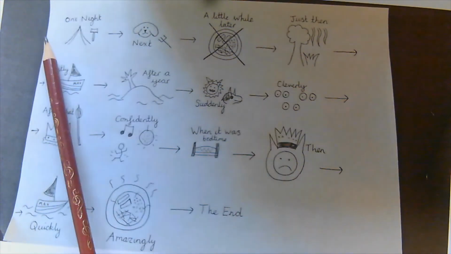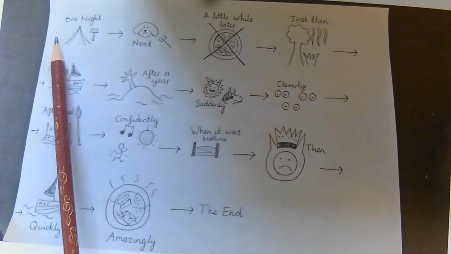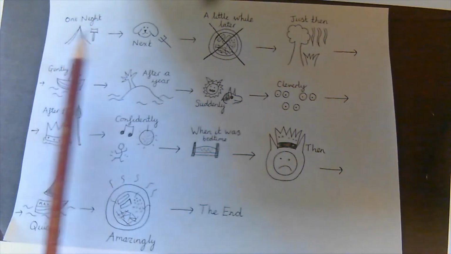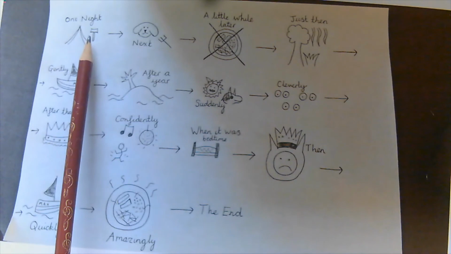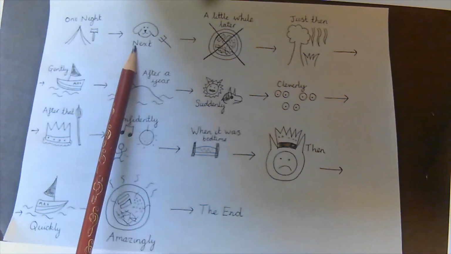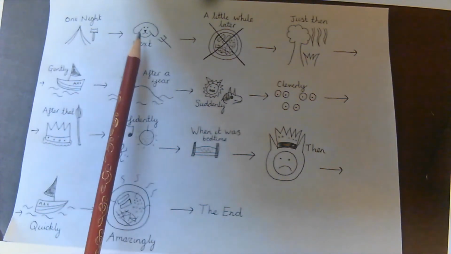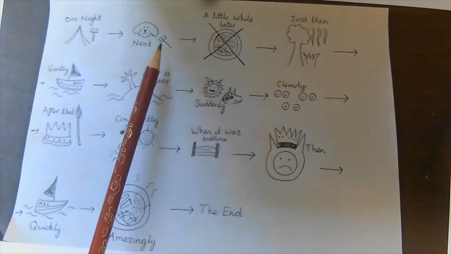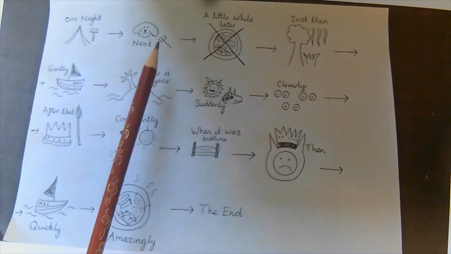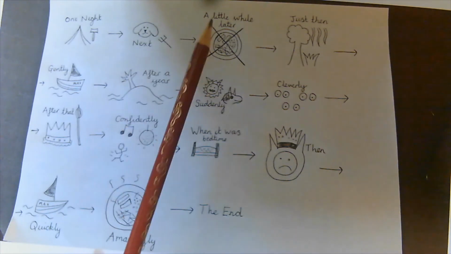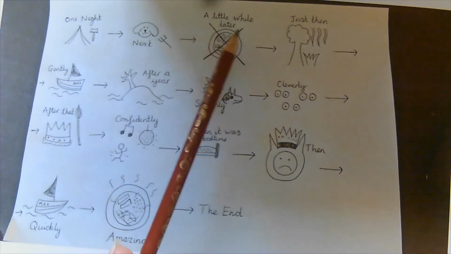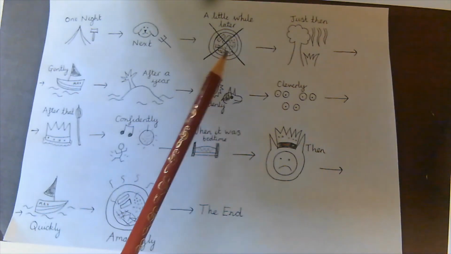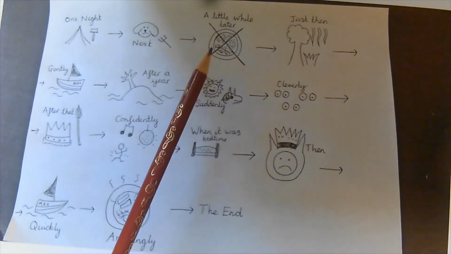So let's go back to the beginning to remember the story. One night, Max built a den with a metal hammer. Next, Max chased his poor defenceless dog down the stairs with a sharp, pointy fork. A little while later, Max was sent to bed without any supper because he had been naughty.